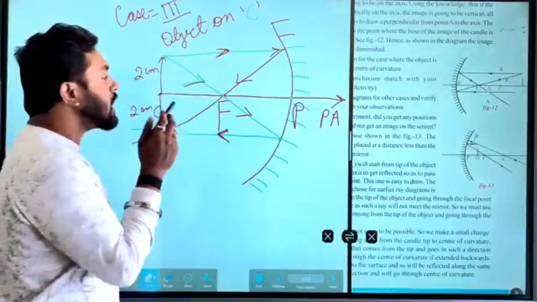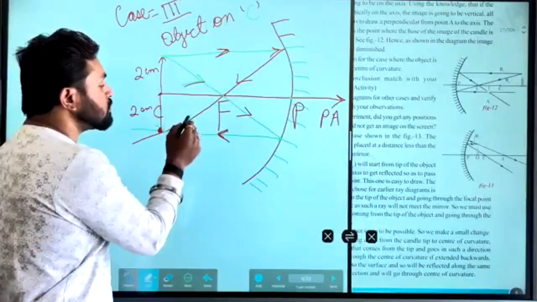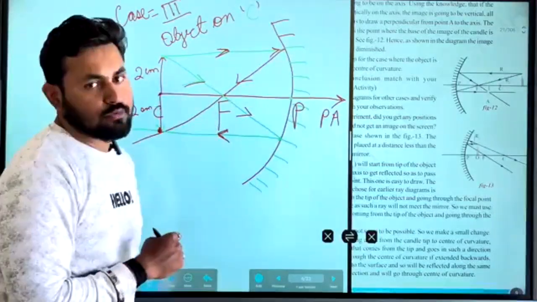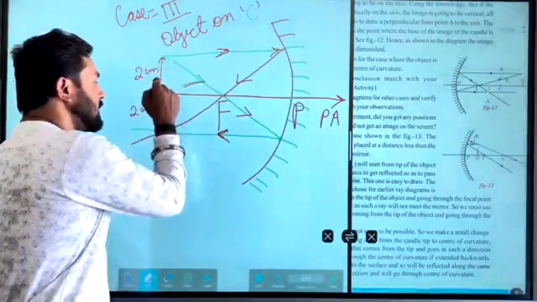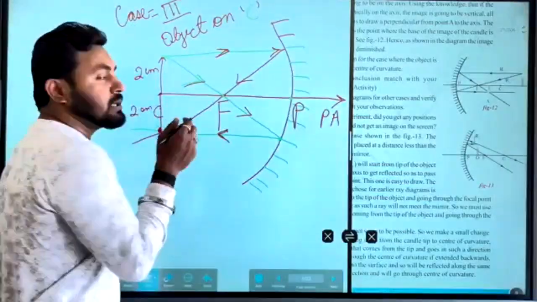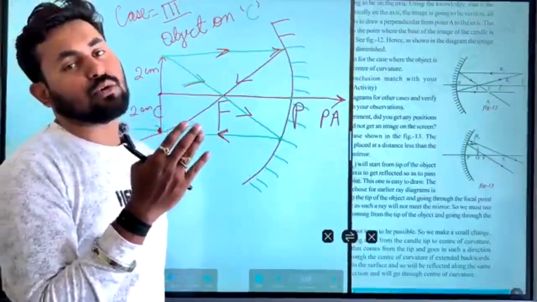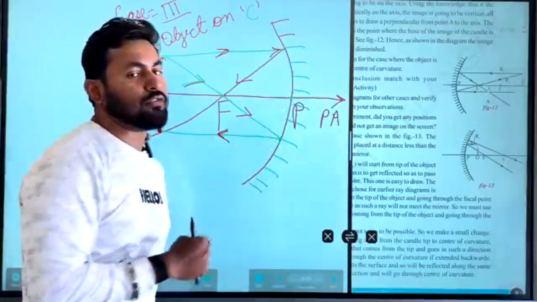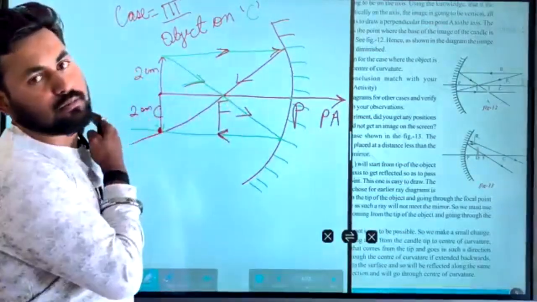Second case, when we come just beyond C, my image was between center and focus. Now if we are at C, my image formation is also at C. It means that the more closer that we are coming, the more object is coming closer to the pole of a mirror, our image is getting away from the mirror.